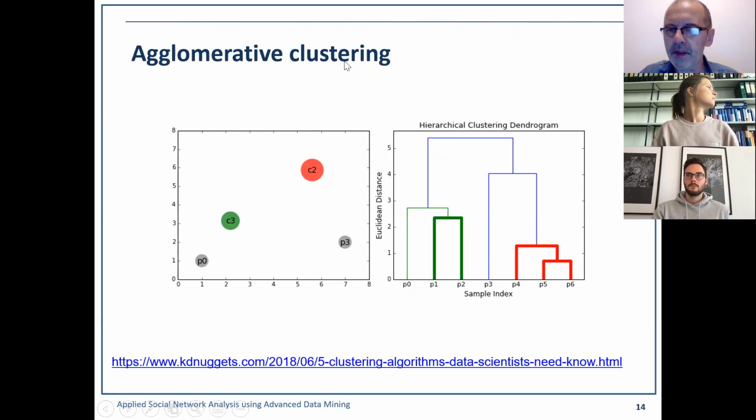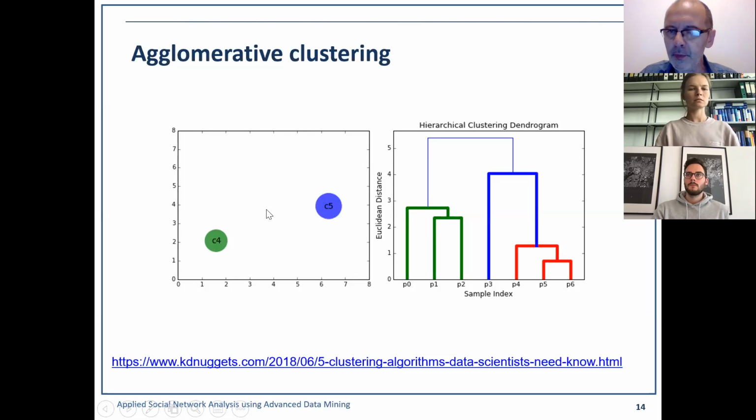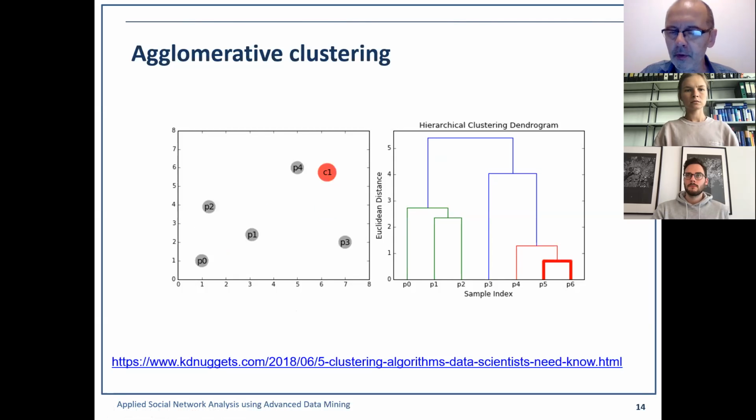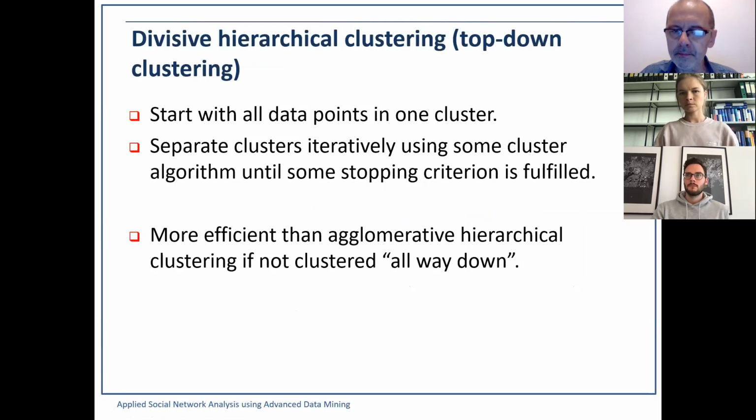Divisive clustering is the other way around. We start with all observations in one cluster, and then we divide. And that's the one we applied for community detection in social networks, called the Girvan-Newman algorithm. Okay. In traditional clustering, you can also have the divisive case. Okay.